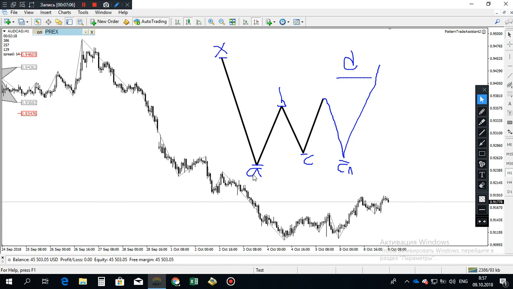Then you need to find the highest between A and C. Between A and C, and the highest is this. So this is your new B point. This is mandatory, to find the highest between A and C. And in this case, you redraw your pattern this way.